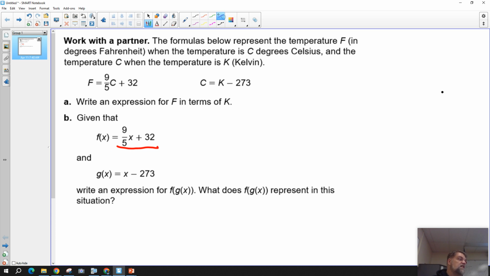Then they tell us that g of x is the expression that does the conversion in Kelvin, right? And so I probably should highlight that x then would represent temperature in Kelvin.